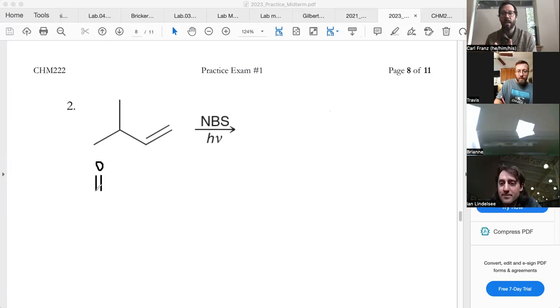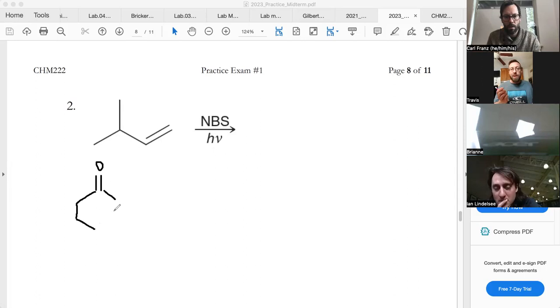It's preventing the liquid bromine, which if we were just to use Br2 and shine it with UV light, doesn't give us a good result, a mixture of products, right? When we see light, we could assume a free radical.